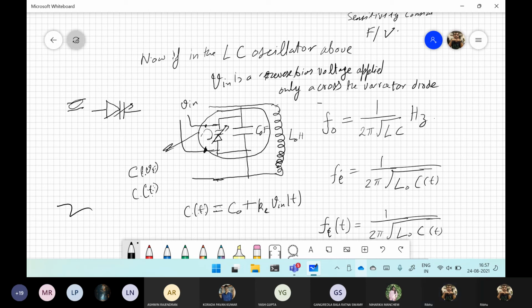From what I understand now, the signal that we input to the varactor diode is not a part of the overall circuit equation. How we separate that is possibly the question we want answered. Am I right, Bala? Yes, sir.